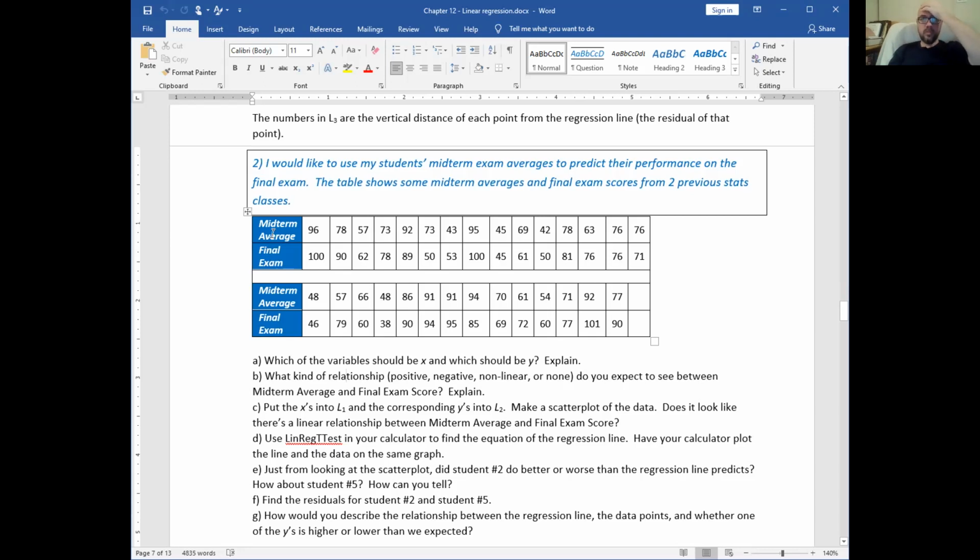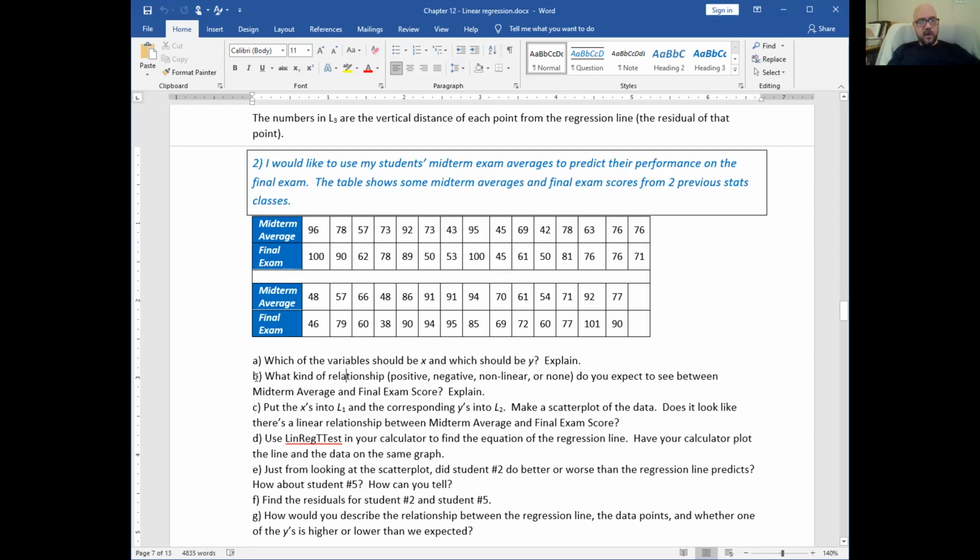And we're not doing it for these classes. We are using these classes to predict other people's scores, would be the idea. That's the model that we're building here, using the data from these guys. So I want my X's to be my midterm averages and my Y's to be the final exam score, the soon to be predicted score.